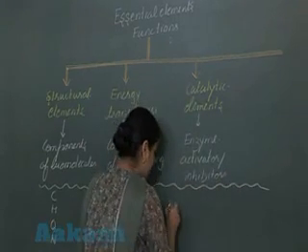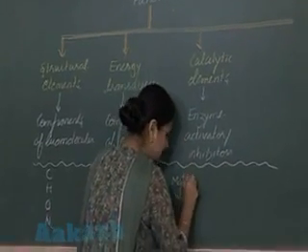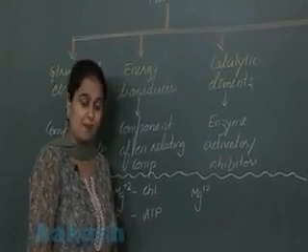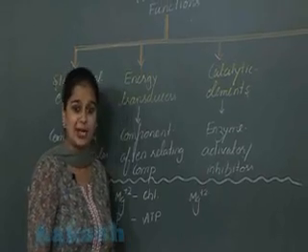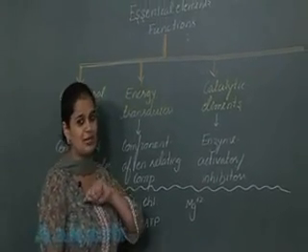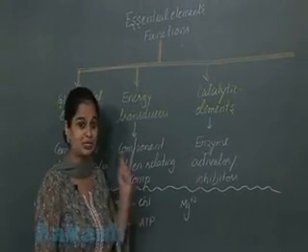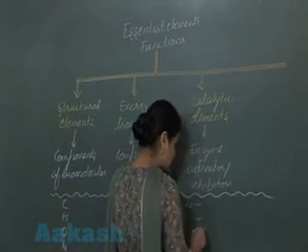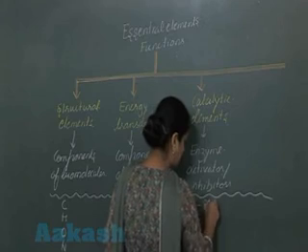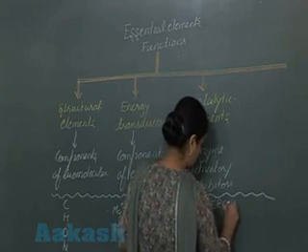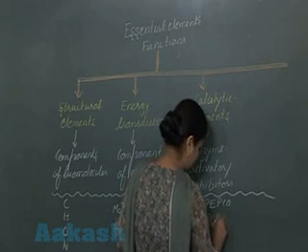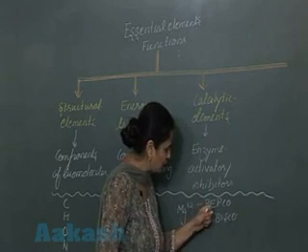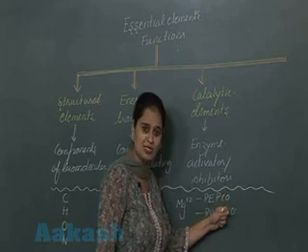So a few examples I am citing here. One is magnesium. Magnesium is a macro element. Macro elements can also be enzyme activators, but their role in enzyme activation is secondary. So magnesium activates 2 enzymes which are involved in carbon dioxide fixation. One is PEPCO and the other is RuBisCO. PEPCO is phosphoenolpyruvate carboxylase.